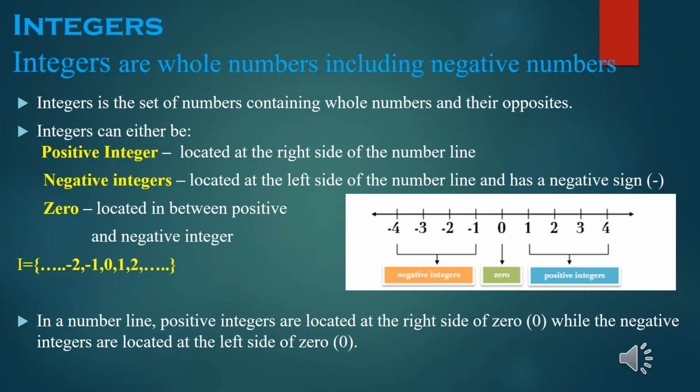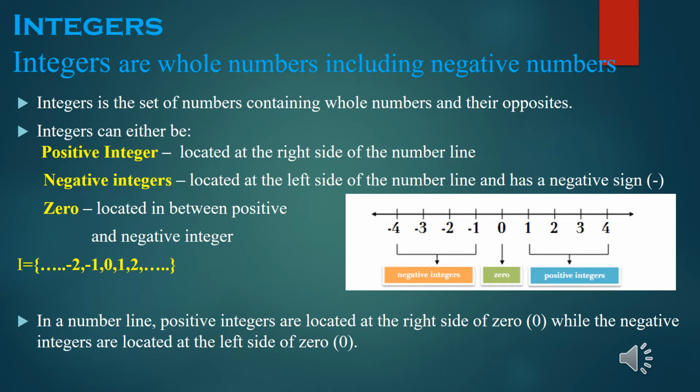Next is integers. These are whole numbers, including negative numbers. Integers are the set of numbers containing whole numbers and their opposites. Integers can either be positive integers, that are located at the right side of the number line, negative integers, located at the left side of the number line and has a negative sign, or 0, located in between positive and negative integers.